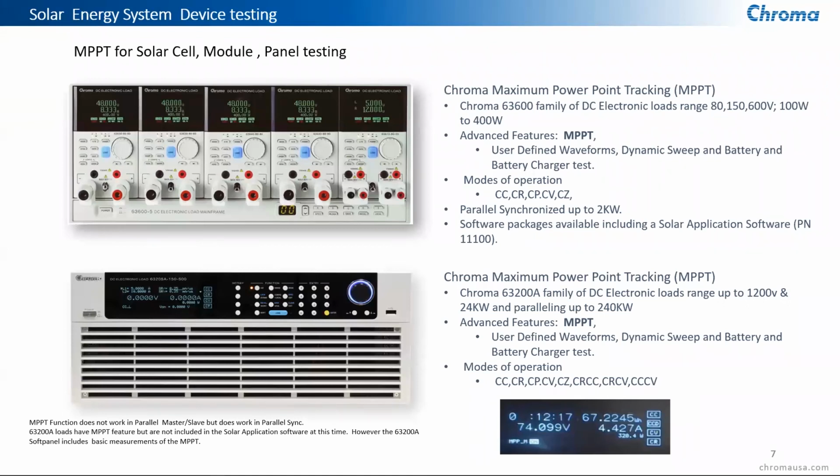Chroma has developed within their DC loads the ability to do what's called maximum power point tracking. And with this, we can actually sweep the load setting. And while we're doing that, we will measure voltage, current, and power and track the point of maximum power from a solar array.